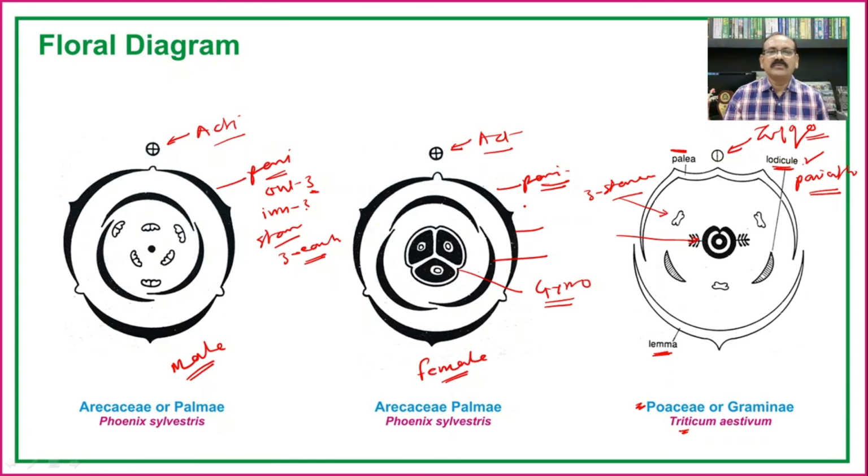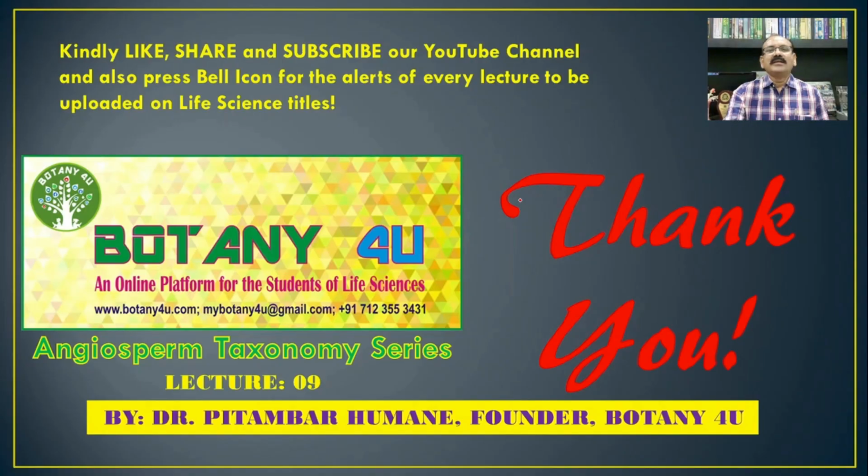If you want to remember all such types of floral diagrams, then it is important that you use the flower practically, so that the characters will be known to you and it becomes easy to draw the floral diagram.